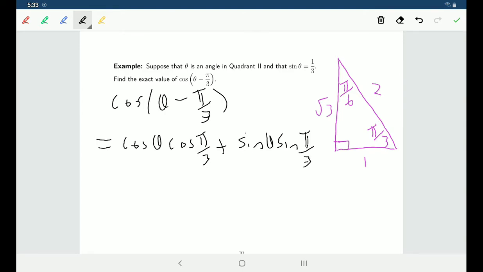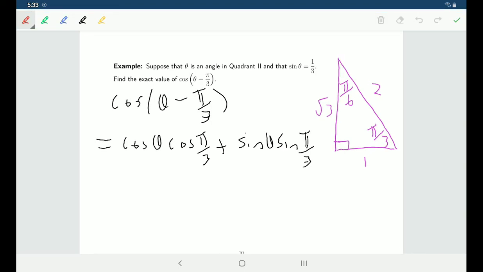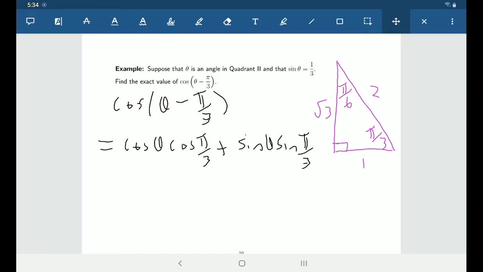Now, if we're thinking about what we have and what we don't have, we've got some of these things already. Cos of pi over 3 and sine of pi over 3, we can find those values using the special triangle that we have here. Sine of theta, we already know, that's equal to a third. So the only thing that we need to figure out before we can go further is what is cosine of theta. So I'm going to do that on the next slide, and then I'll backtrack and do our calculations.